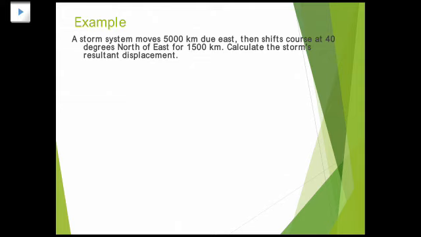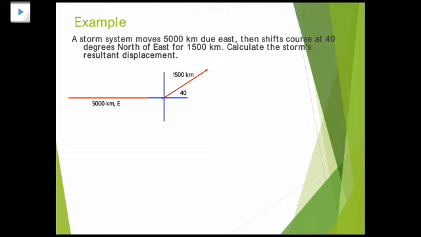First, we draw the given: 5,000 kilometers due east. Then it shifted course 40 degrees north of east. What we will do is get the horizontal and vertical components of the 40 degrees so we can solve the resultant from the start.